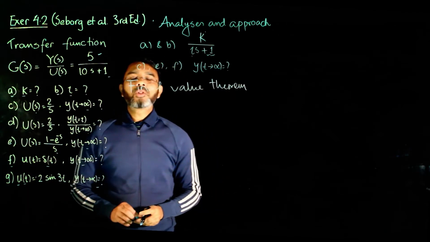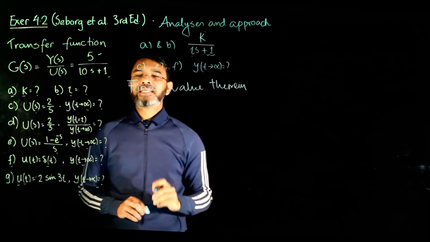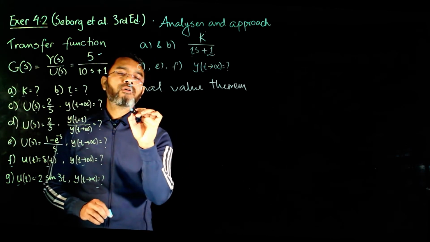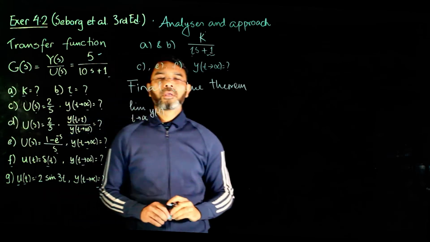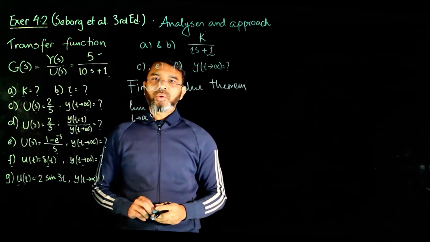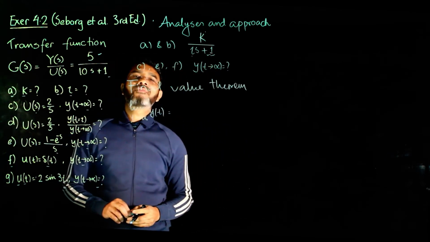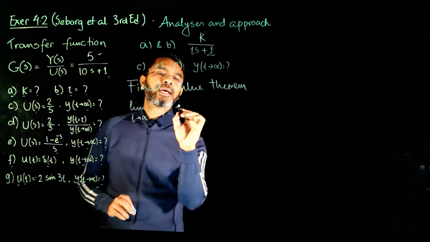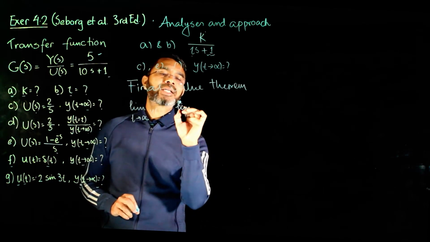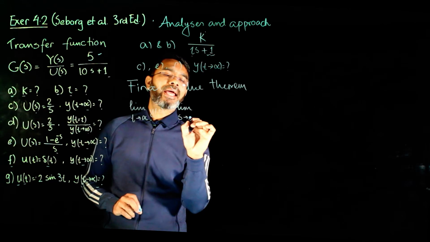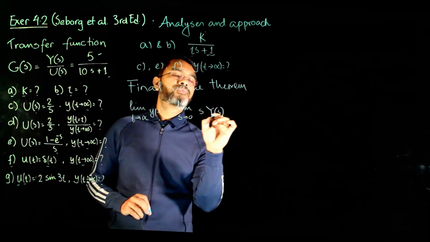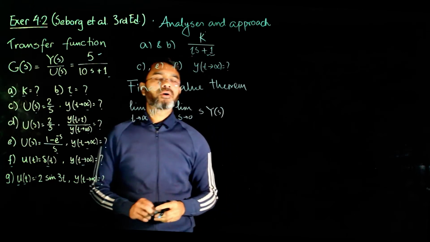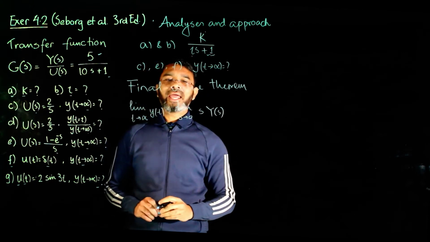What this final value theorem tells you is that the value of a function when time goes to infinity can be found using the function in the s domain, or the Laplace domain, by putting s equals 0 and multiplying the function by s.